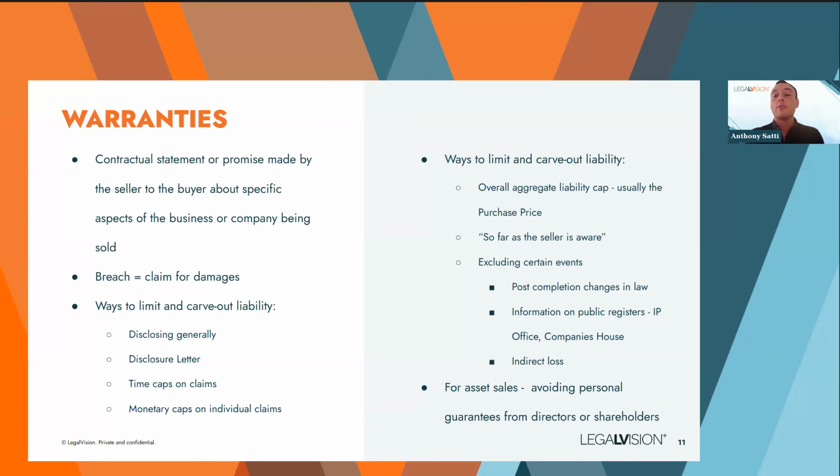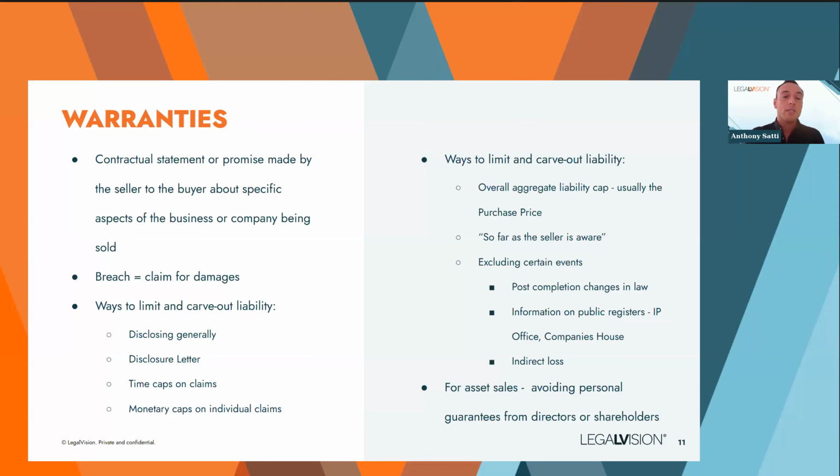It's also normal for there to be what's known as a disclosure letter that the seller and the seller's solicitor will prepare before completion. It will list a whole lot of things that are disclosed against all of the warranties contained in the particular sale agreement. By disclosing against those warranties, the buyers can't make a claim against you as a seller for things that you've specifically disclosed.